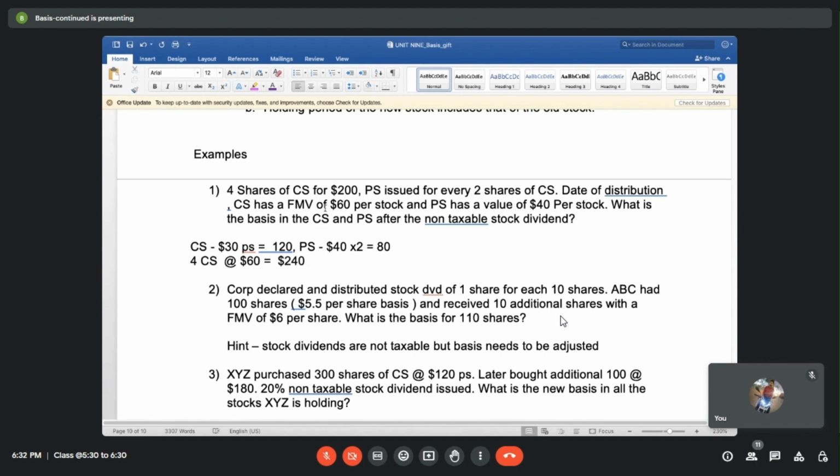Because they're saying fair market value of 60 per stock for common stock. And preferred is 2 preferred stock, 40. Correct? How much is the value? 80. So we got 240 and 80. Any hint? 1/3 of the price. Yes. 3 times. So what will it be?